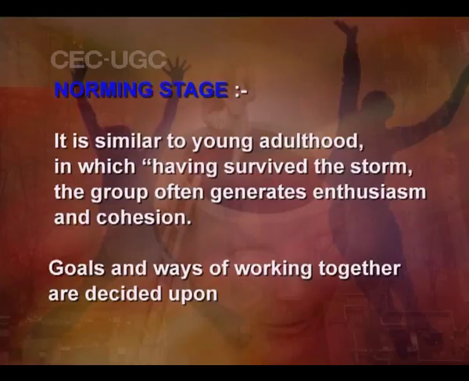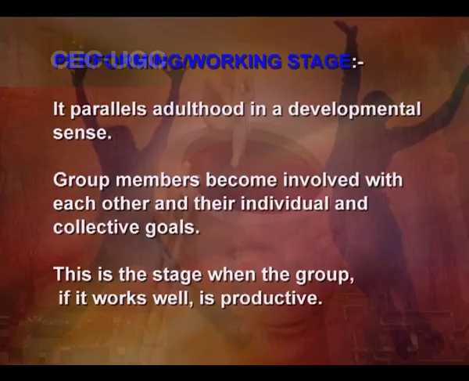The next stage is the norming stage. It is similar to young adulthood, in which, having survived the storm, the group often generates enthusiasm and cohesion. Goals and ways of working together are decided upon. Performing or the working stage parallels adulthood in a developmental sense.